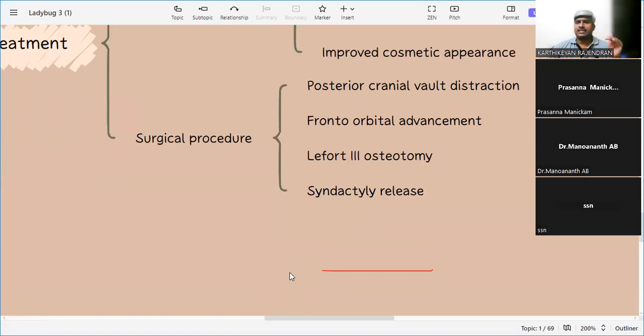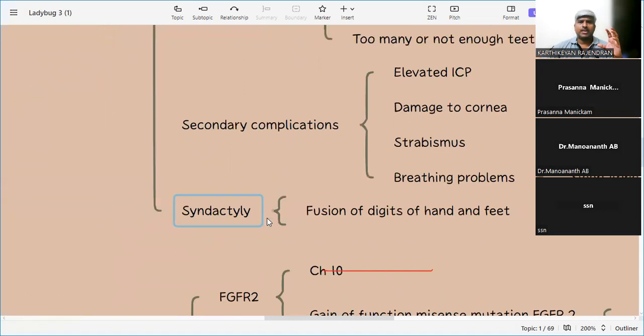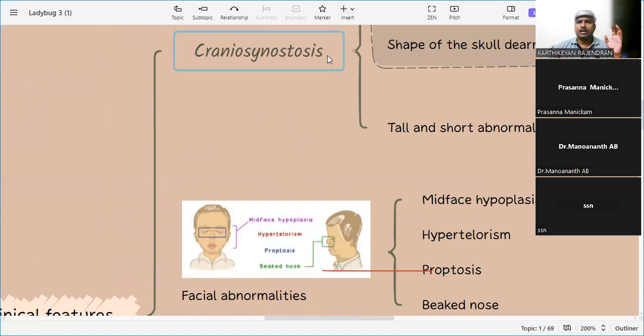And we do syndactyly release for the hand and foot syndactyly. This is the treatment we do for this patient. Apert syndrome is very complicated, and we treat the craniosynostosis and syndactyly according to our protocols.